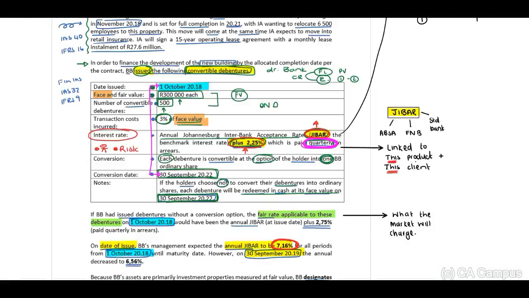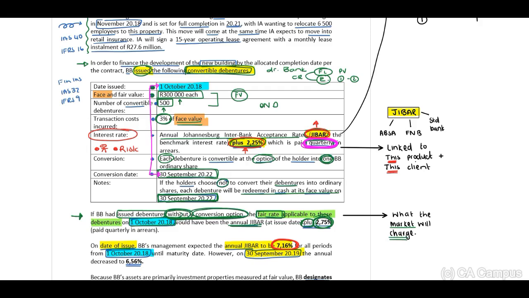When we refer to the given scenario, the paragraph below the table says: if BB issued debentures without a conversion option, the fair rate applicable to these debentures on 1 October would have been annual JIBAR plus the 2.75%. Remember, we normally use this one without a conversion option.